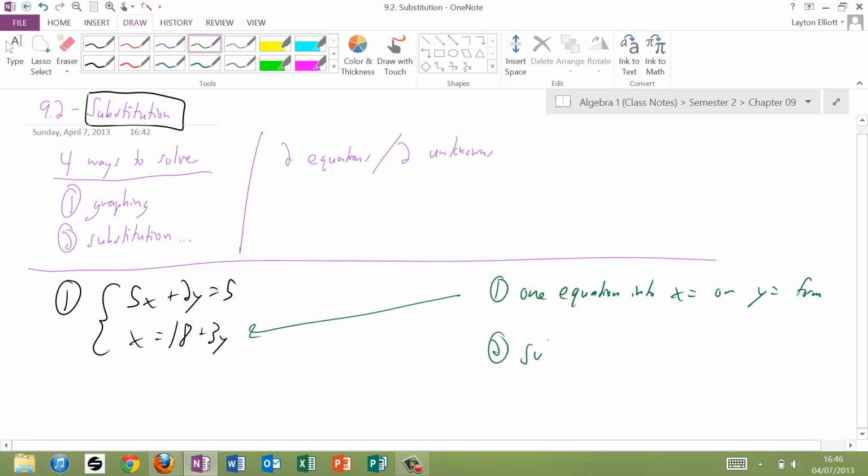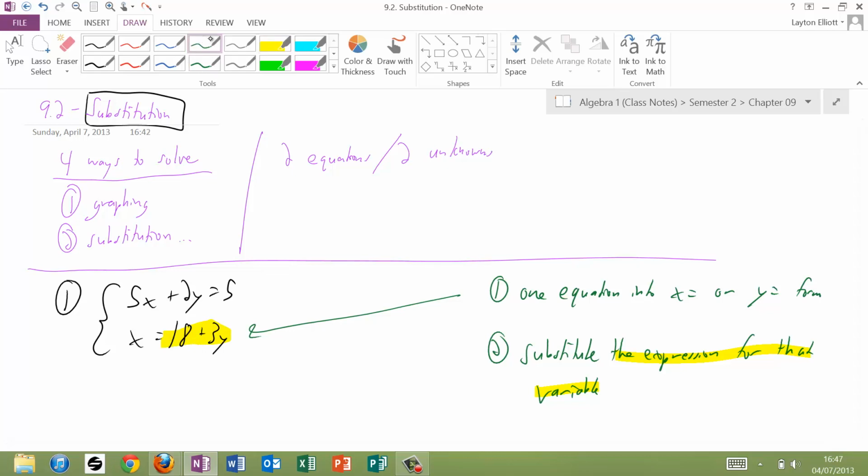Then here's the trick behind substitution. We are going to substitute the expression for that variable, and what I mean by the expression for that variable is the thing on the right side of the equation when you solve it for the other variable.